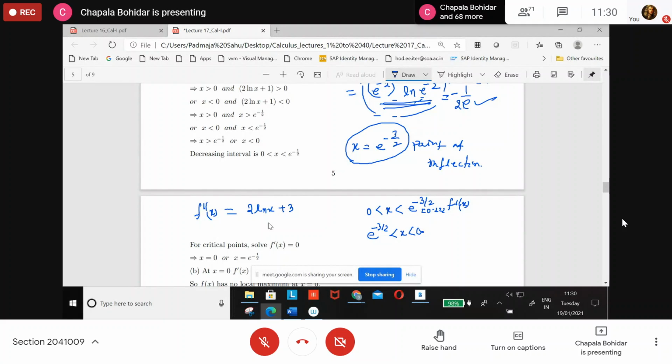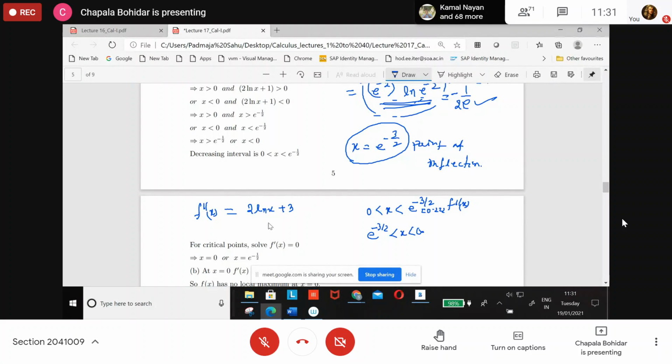Consider any value here, I can consider 0.1 or 0.2, or even 1 in between this. So you consider any value you want, and find out the f double dash at that point.